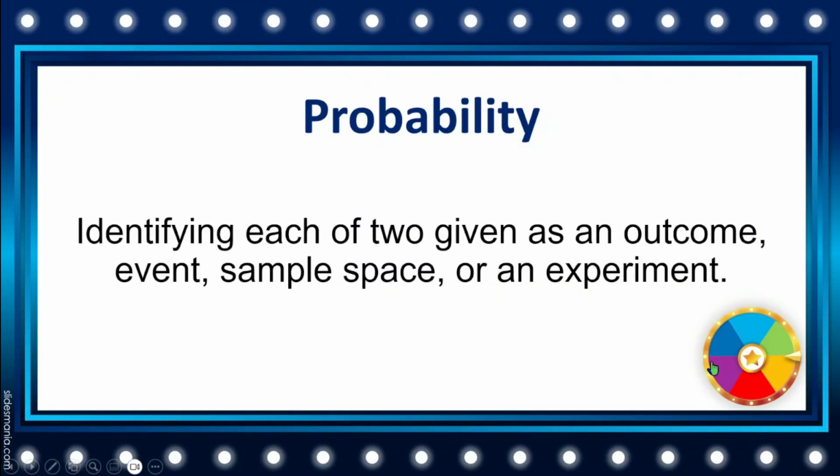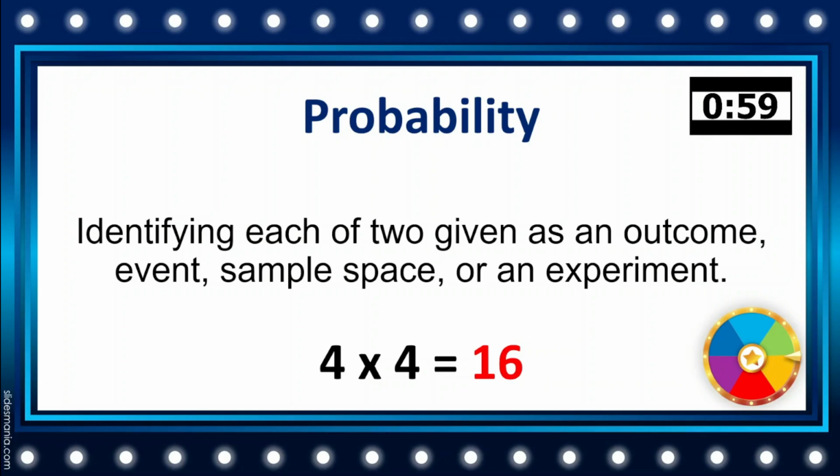Okay, math. So how many ways can you identify each of the two given as an outcome, event, sample space, or an experiment? If you said 16, then you are actually correct. Because again, I said the first question that you have to ask yourself is how many events are there?